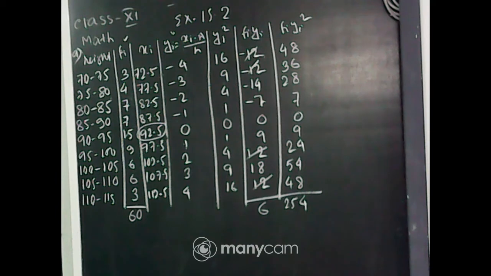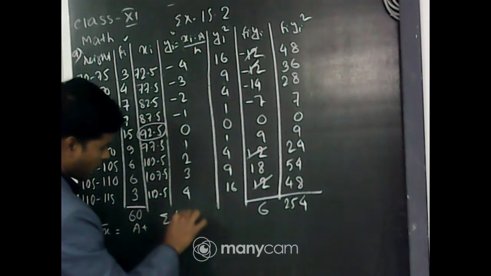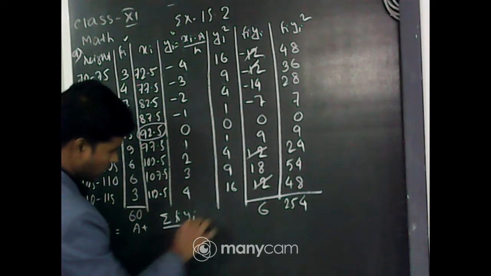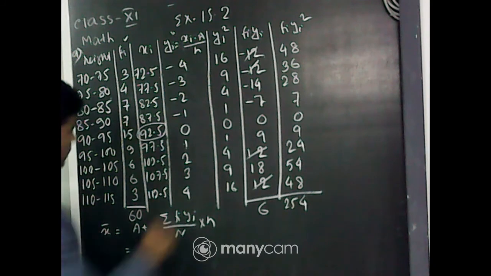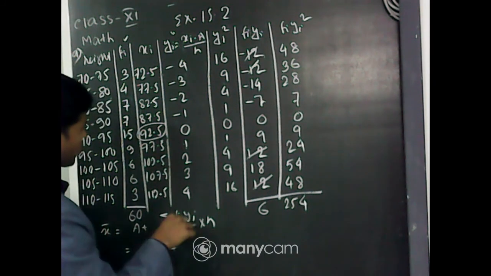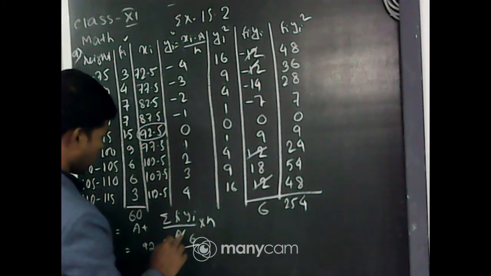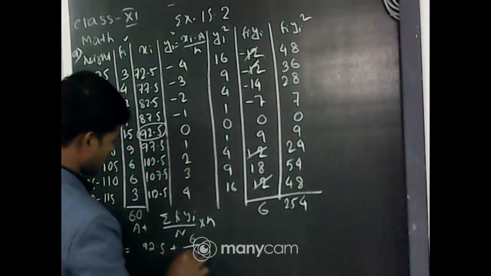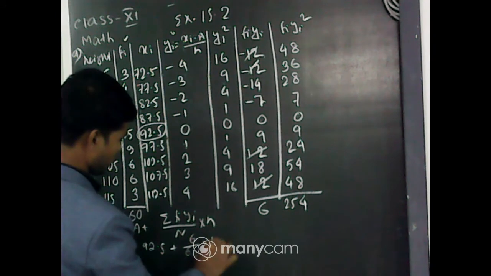Okay. Now find the mean of the data. Mean is denoted by x bar, which is equal to a plus summation of fi yi by n into h. Now put the values: a means 92.5, plus summation of fi yi, that is 6, by n means 60, into h means 5.